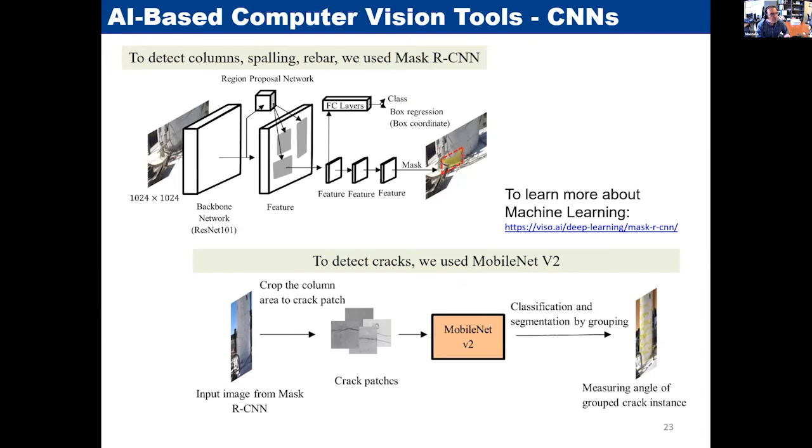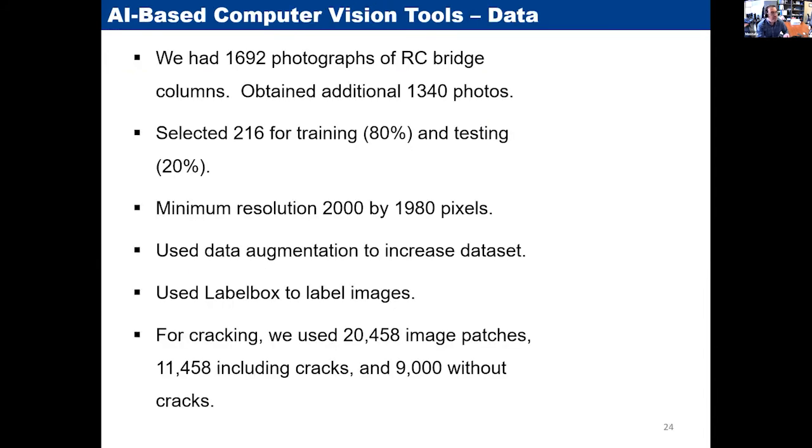I will not go too much into detail, but let me share with you that we had around 2,000 pictures of our bridge columns in-house. My colleagues like Dr. Pendeltis kindly shared more column damage photos with us, so we got more pictures and we started training our neural network with these pictures and with the limitations that you see here.